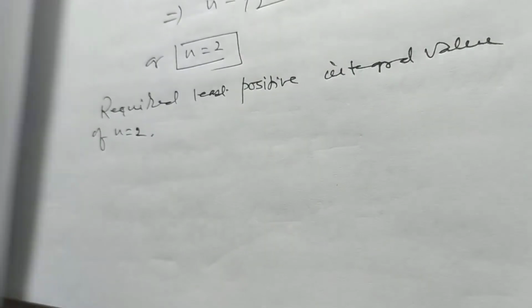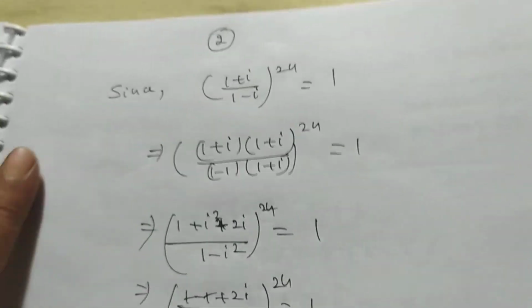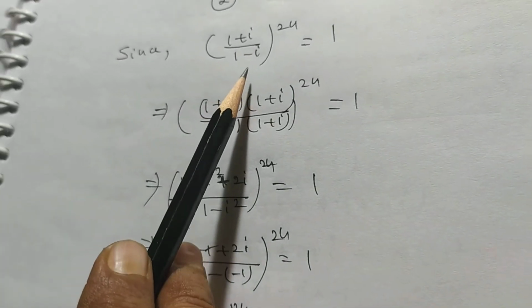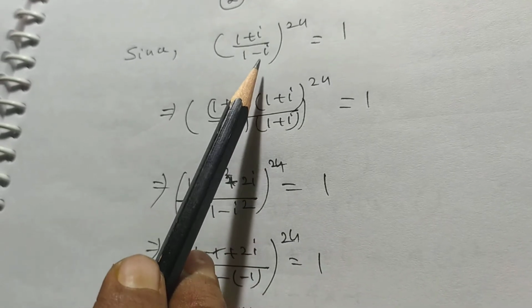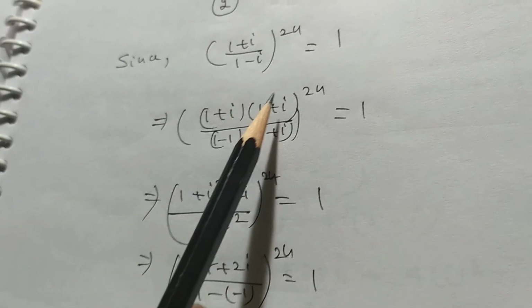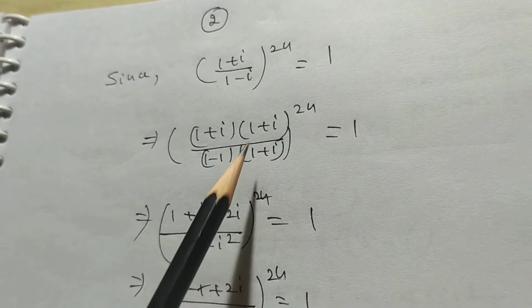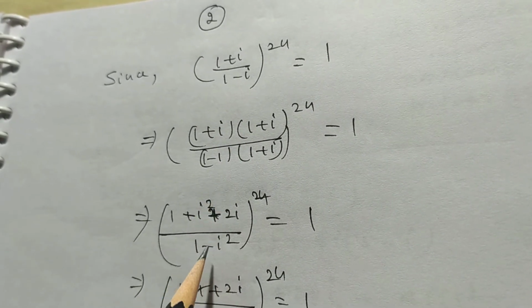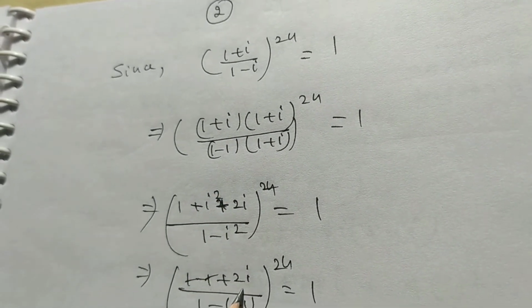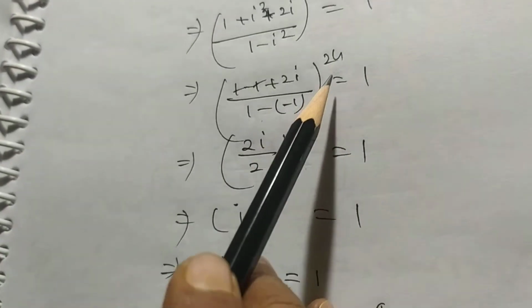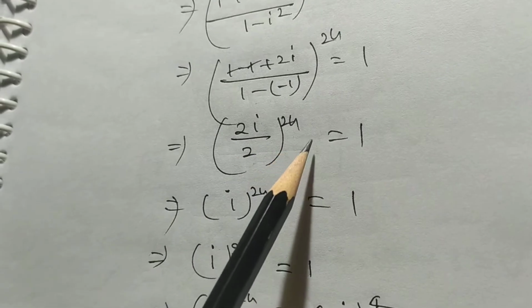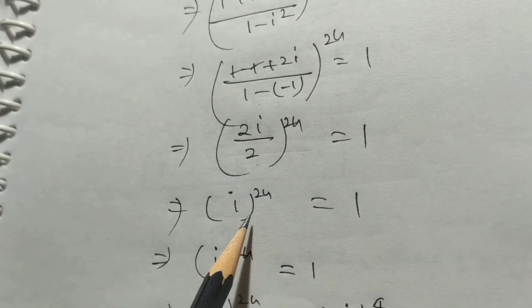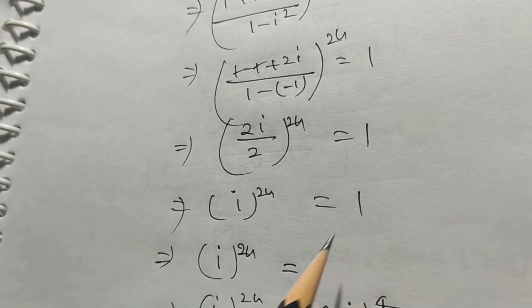So now, by the same process, we multiply the complex number by the conjugate of the denominator. And it will be (2i by 2) whole to the power 2n is equal to 1, and it is i to the power 2n is equal to 1.